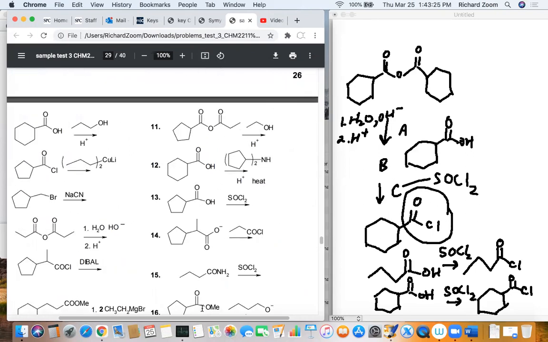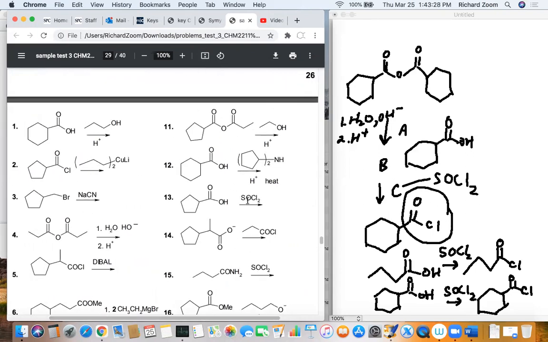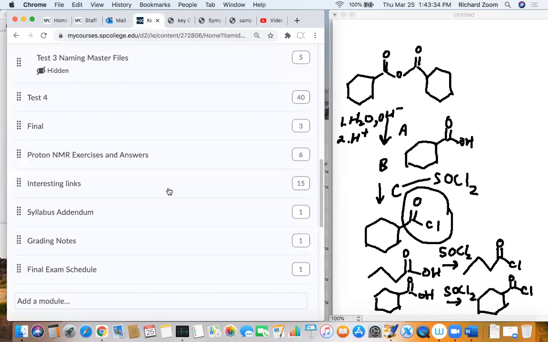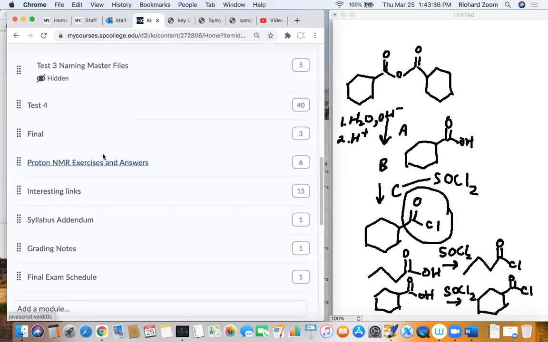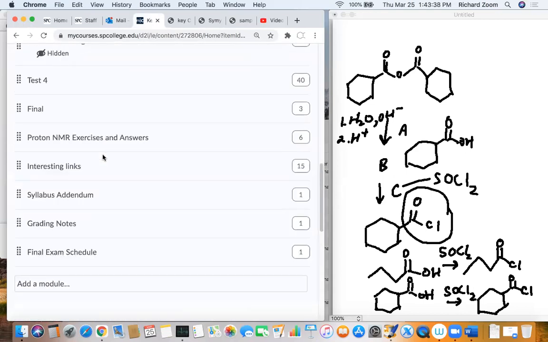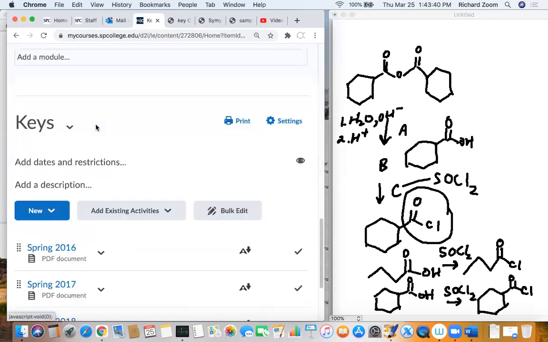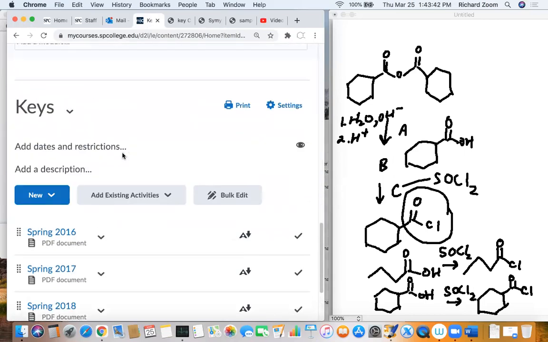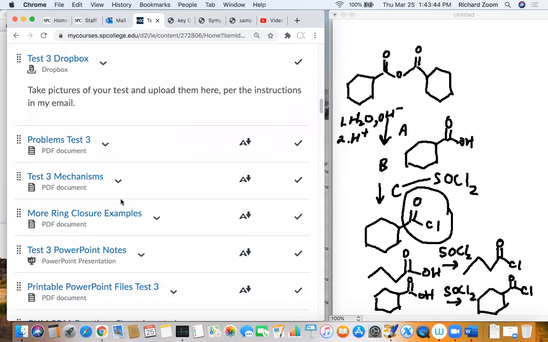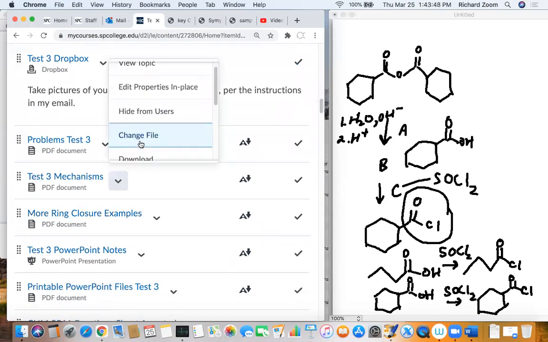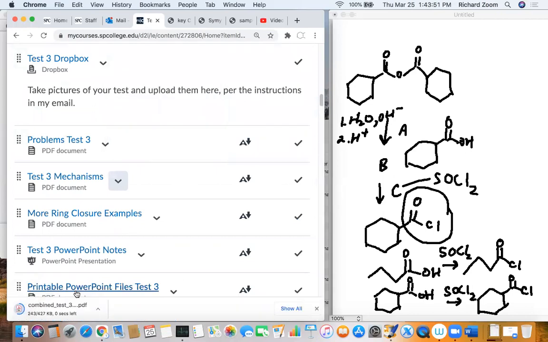But anyway, this page here that's got the problems on it, do those problems, do the mechanisms, and then compare those mechanisms against this file that's in the test 3 folder. And what I'm talking about is this file, test 3 mechanisms. That's going to be the best way.